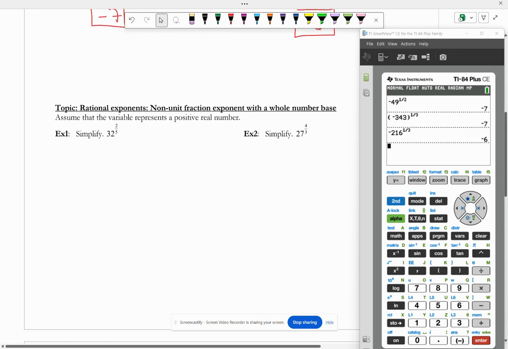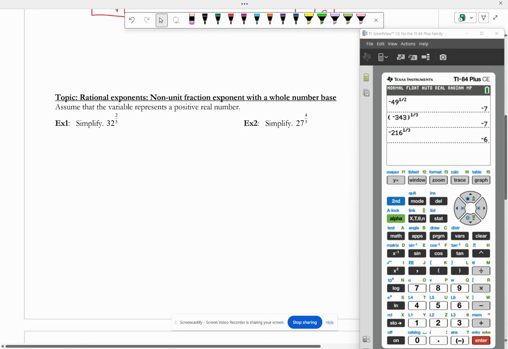So now rational exponents, non-unit fraction exponent with whole number base. Assume that a variable represents a positive number, so we don't have to worry about absolute values here. There's no variable, so just the numbers are positive. I'll show you the way without the calculator so you can think about it that way, and then I'll show you the way with the calculator.